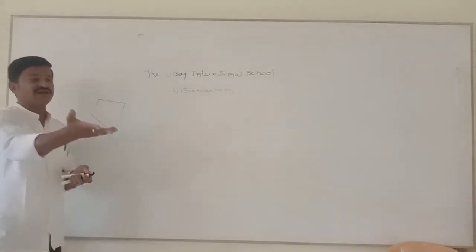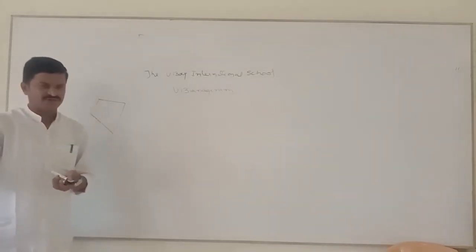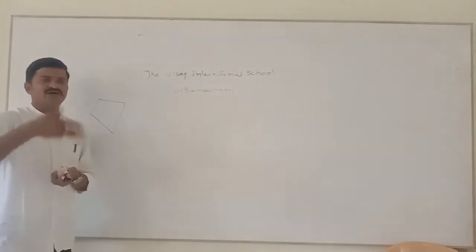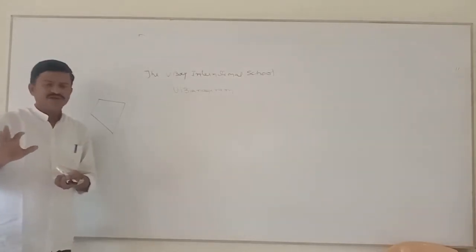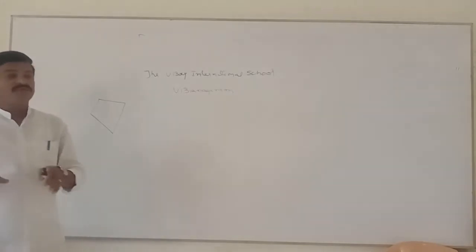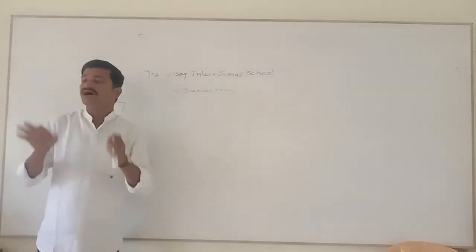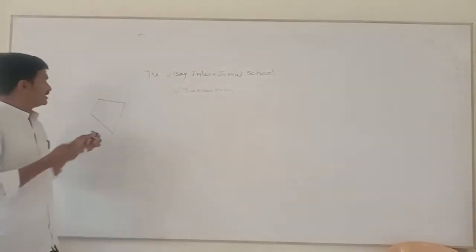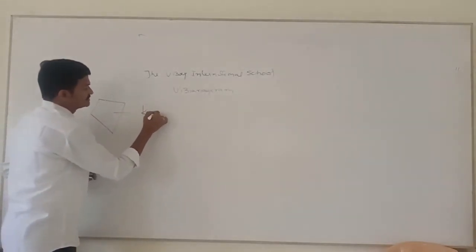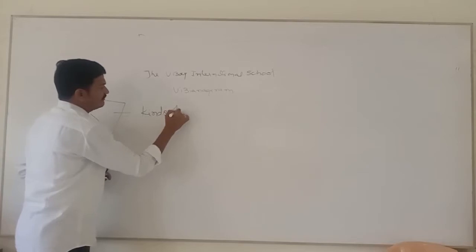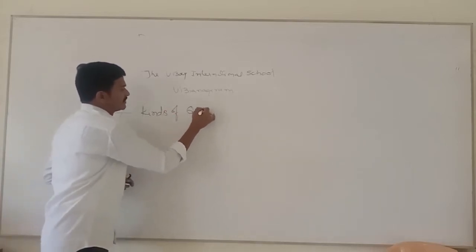If it has five line segments, we know the names also: pentagon, hexagon, octagon, nonagon, decagon, isn't it? So now in this class we are going to discuss quadrilaterals, kinds of quadrilaterals.